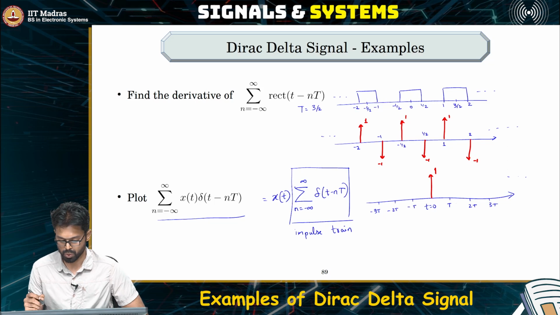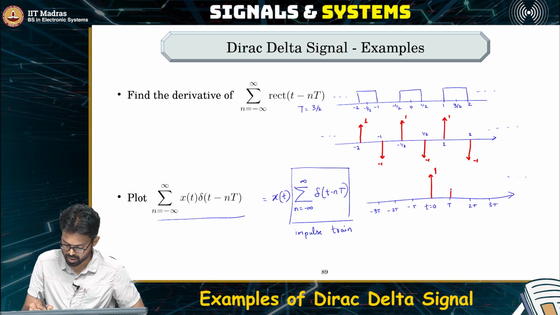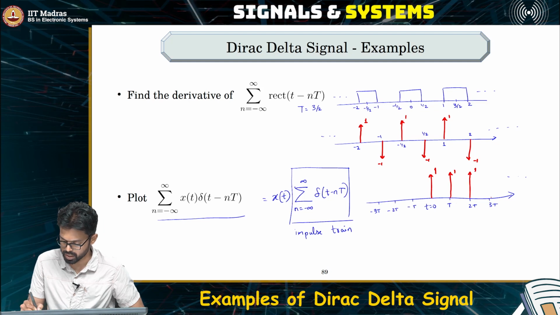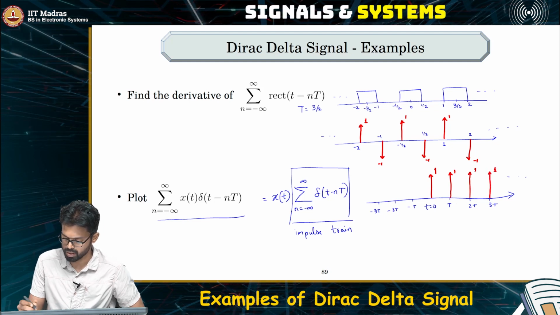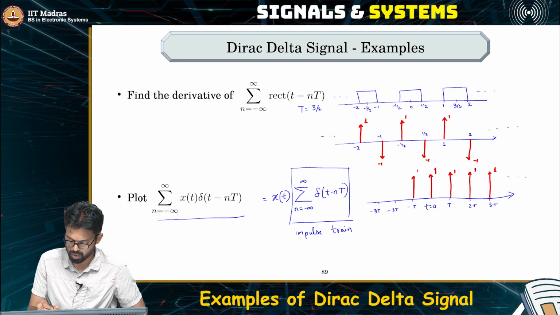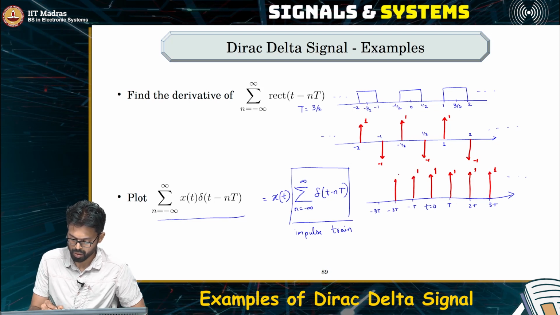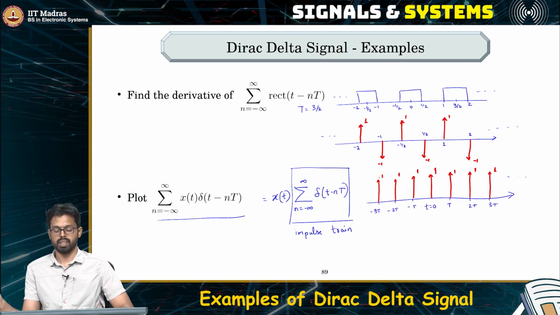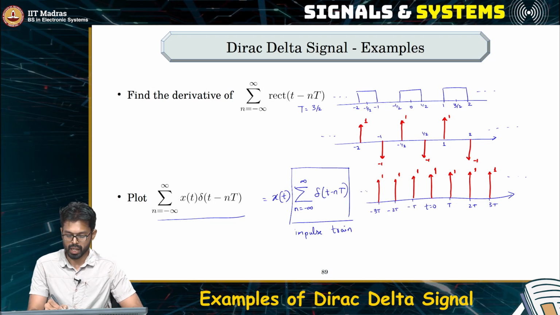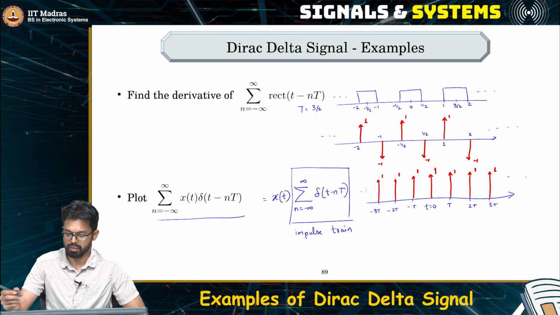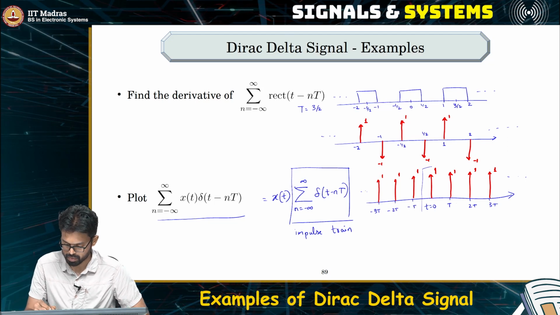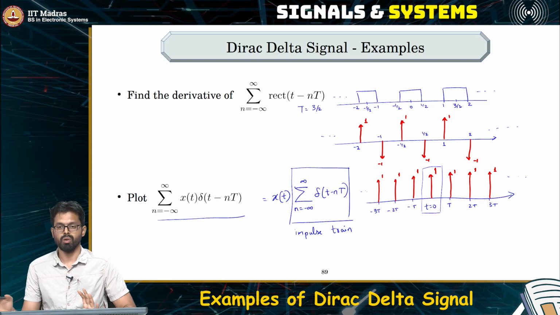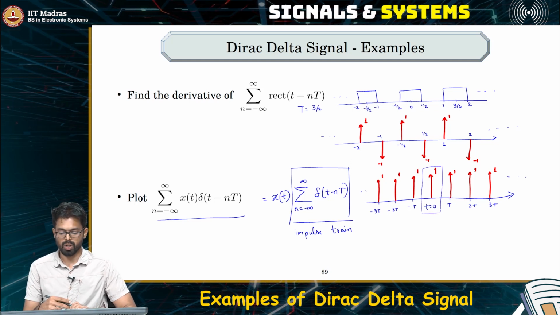So at n equal to 1, you get a Dirac delta function here. At n equal to 2, you get another Dirac delta function here, and so on. So basically what we have here is a periodic signal, and in each period we have a Dirac delta function. And then it keeps repeating forever, infinitely. So this is what is called an impulse train.